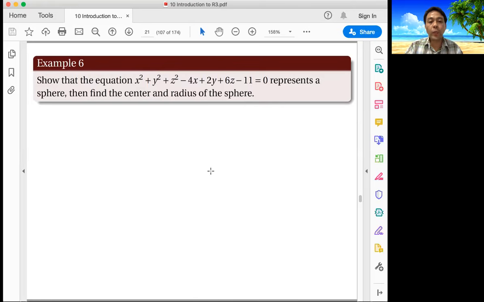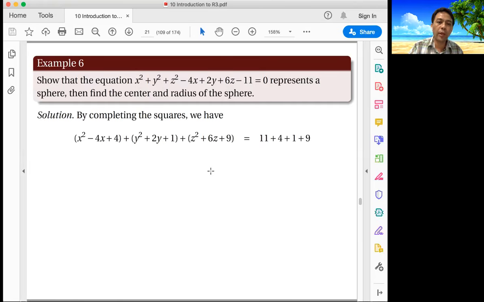What we can do here is put on one side all the x's, then in the middle all the y's, and then on the right part all the z's, and then the constants on the right side. And then we will complete squares. So we get x squared minus 4x. You divide the 4 by 2. You get 2. You square that. You get 4. You add 4.